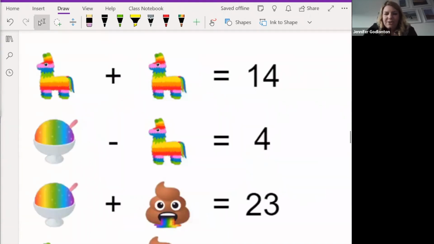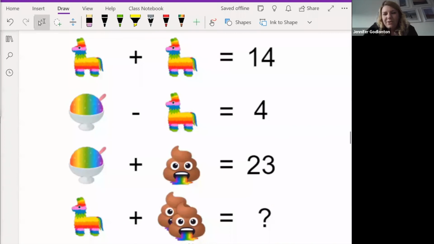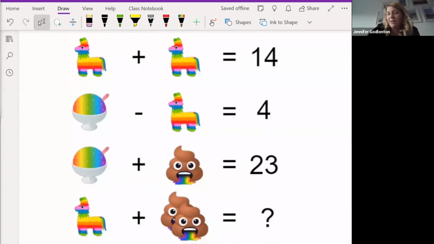Okay, so this is our first one. I'm wanting to know what my question mark is. Let's see if anyone can figure it out.